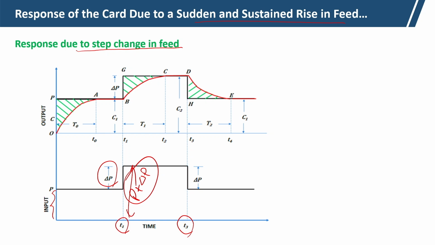At T3 we suddenly drop the feed by delta P again, and the feed input rate will be P only. Now, how the card responds during this time, that we are going to discuss here.